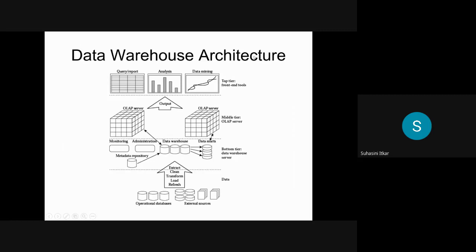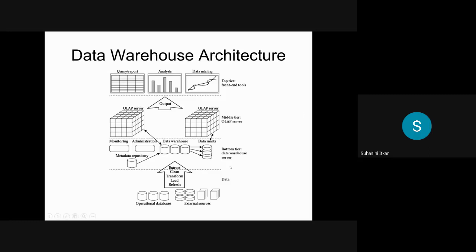Then we covered the data warehouse architecture, where we have the multi-tier architecture of the data warehouse, which we have discussed. After the ETL process, after the pre-processing step, we have the bottom tier of the data warehouse servers. Then, as per the application's requirement, we may have a middle tier to enhance the performance of the system in terms of the OLAP layer.